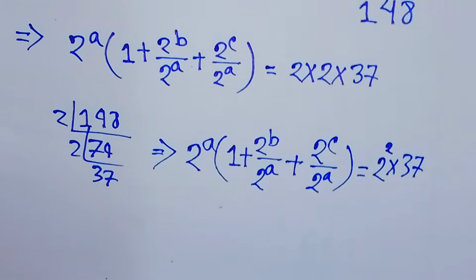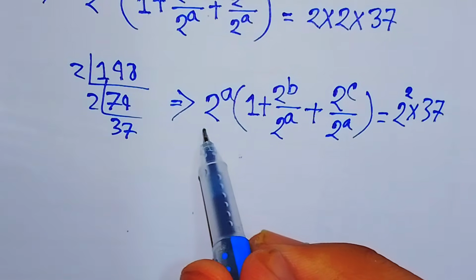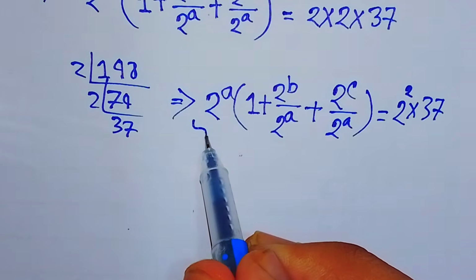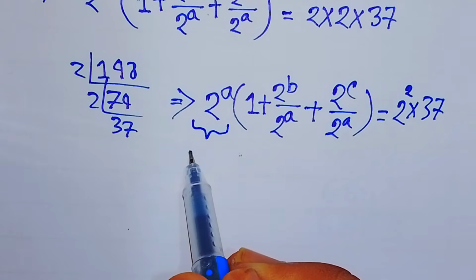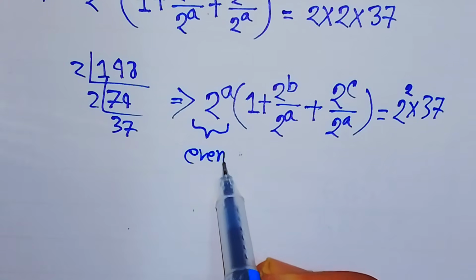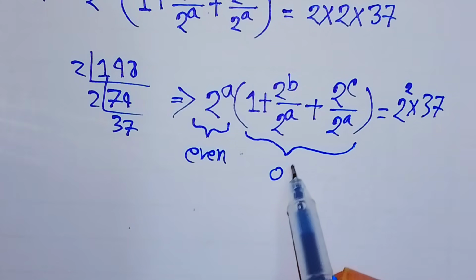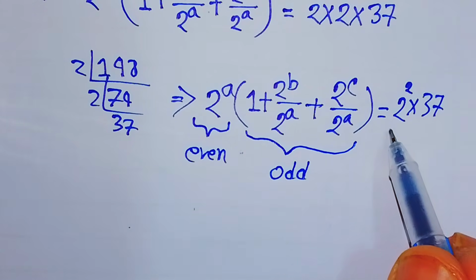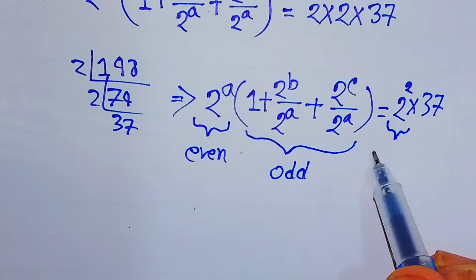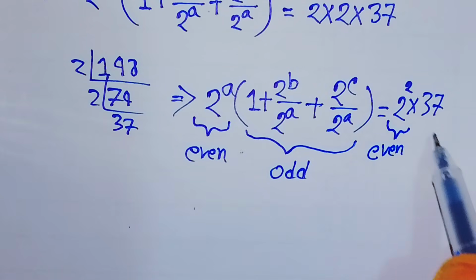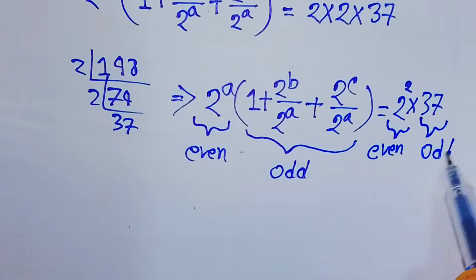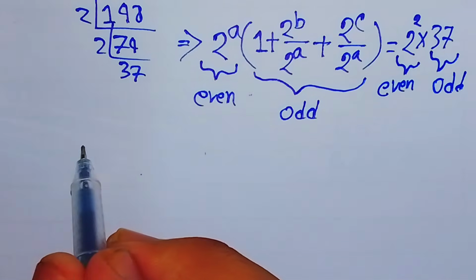If you carefully look here, this 2 to the power a is an even number, and 1 plus 2 to the power b, this is the odd expression, and 2 square is an even number, and 37 is the odd number. Am I right? Yes, absolutely.